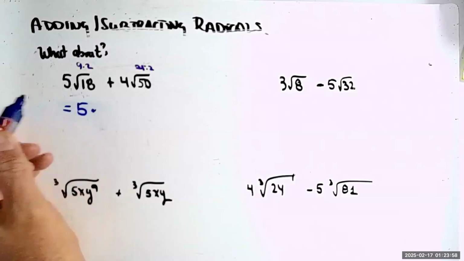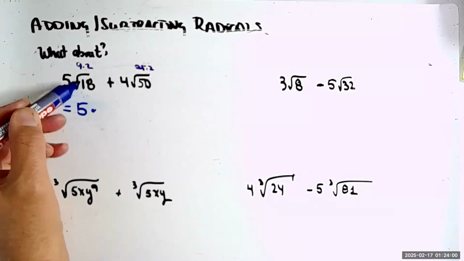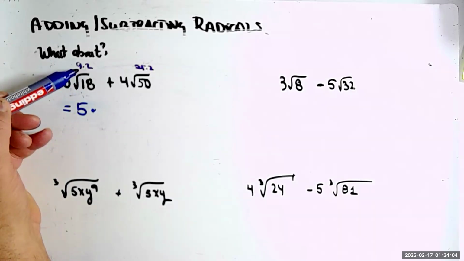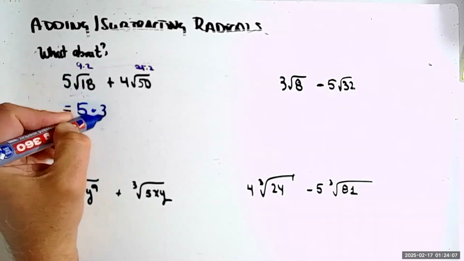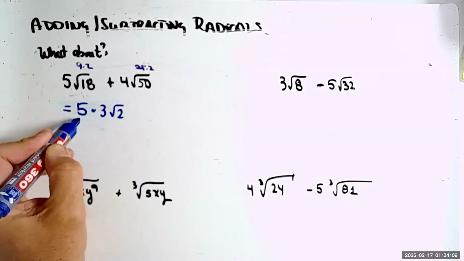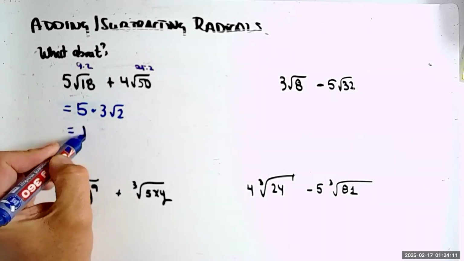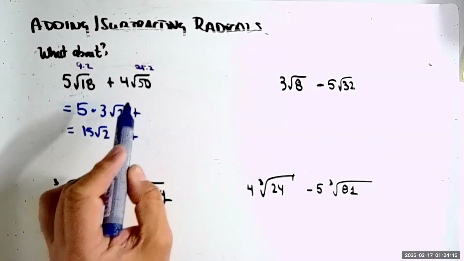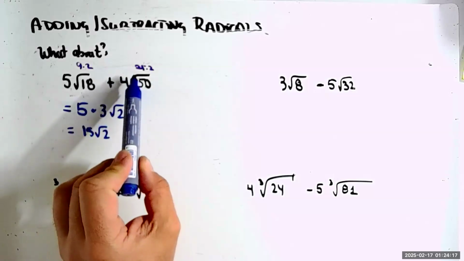5 times the square root of 9 times 2. Notice that if I break it down, the square root of 9 is 3, goes out, and the 2 stays in. And 5 times 3, 15 radical 2. Plus, we can use the same strategy here.